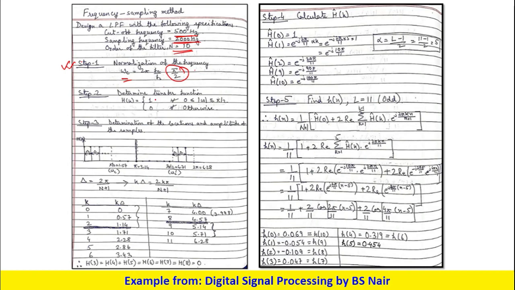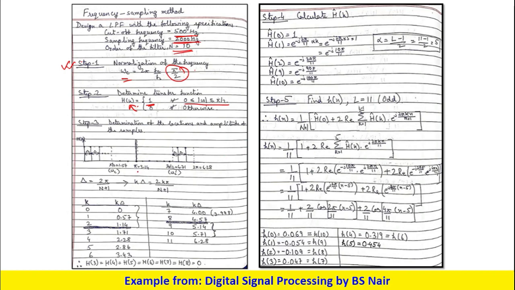Okay, then determine the transfer function. So H(k), frequency it is being given by k, so H(k) equals 1 in the range of modulus of omega from 0 to pi by 2 and 0 otherwise. So determine the locations and amplitudes of the samples. Okay, so this is important what we want to do.